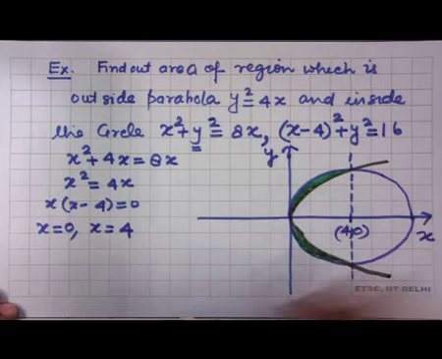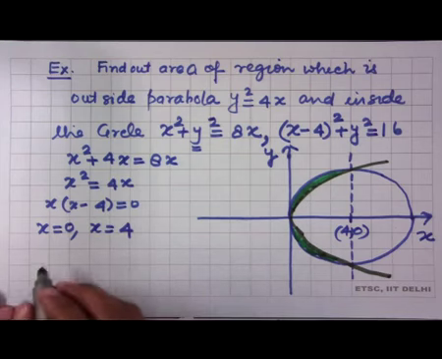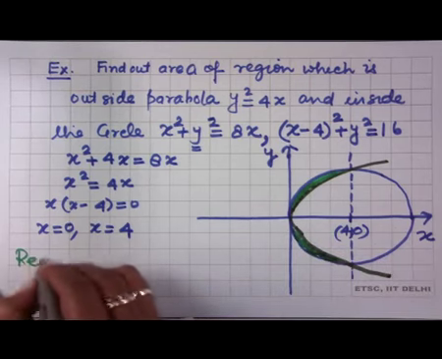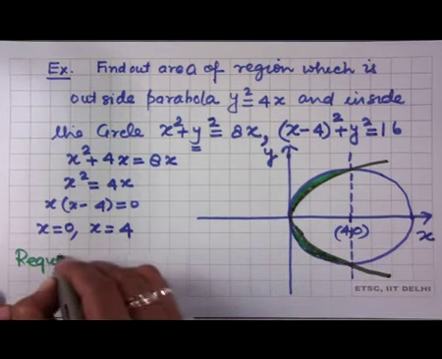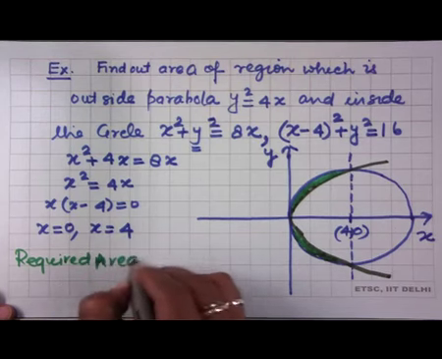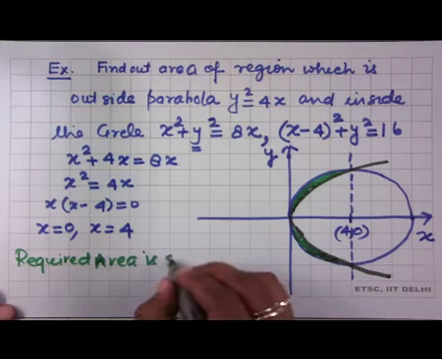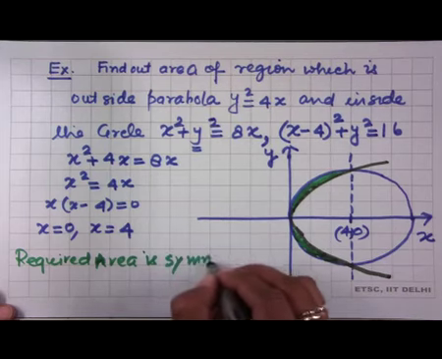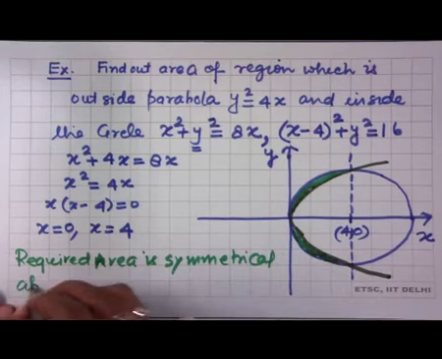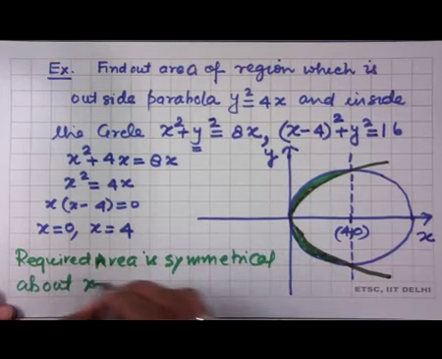Now, since this circle is symmetrical about the x axis and the parabola is also symmetrical about the x axis, this required area is also symmetrical about the x axis.